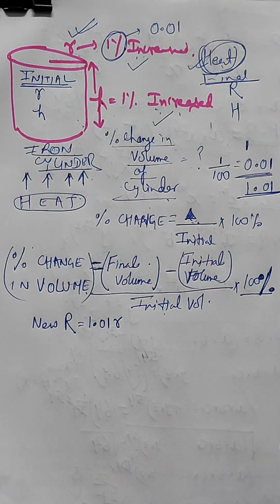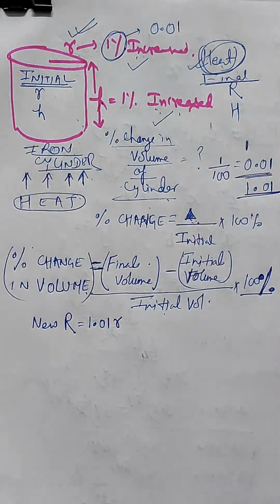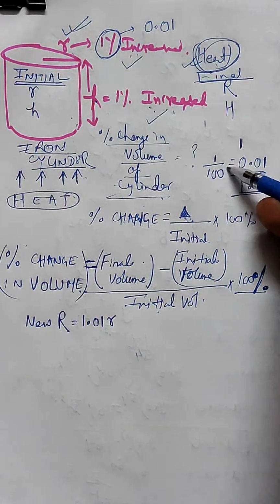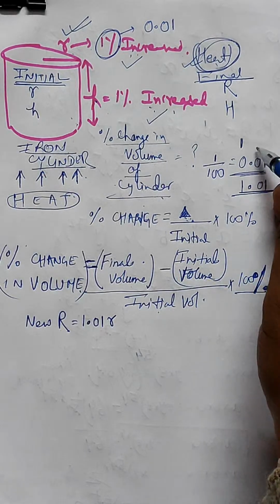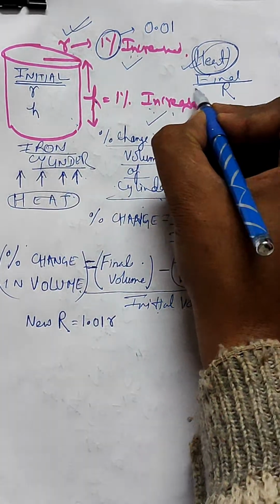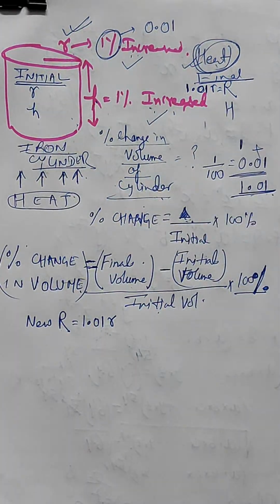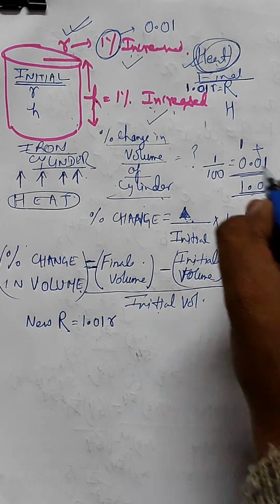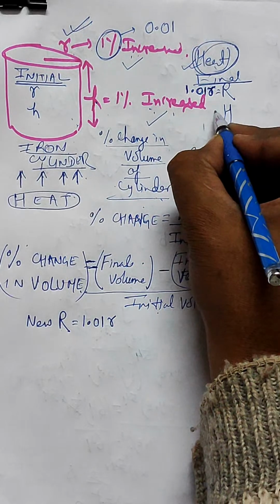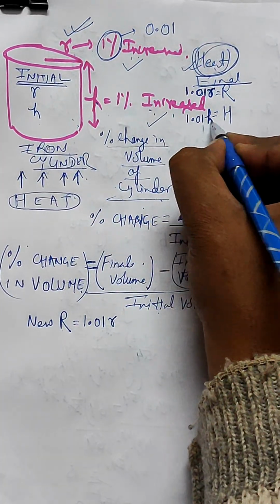Now what will be the value of capital R? Since this is increased by 1%, I have shown you this 1% will be added to 1 to get 1.01. So the new radius will be 1.01 r, right? And the new height will be 1.01 h, right?